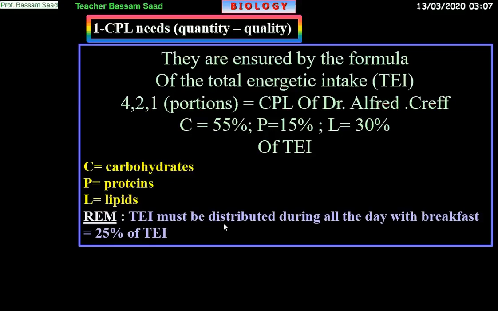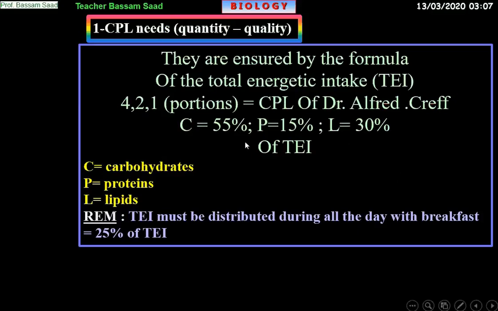For example, if the total energetic intake of an individual is 100 kilocalories, 25 kilocalories must be taken at breakfast. To find the mass of carbohydrates, proteins, lipids, you will use these formulas. We will see a detailed example later, God willing.